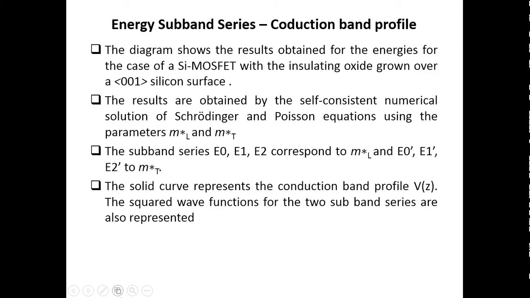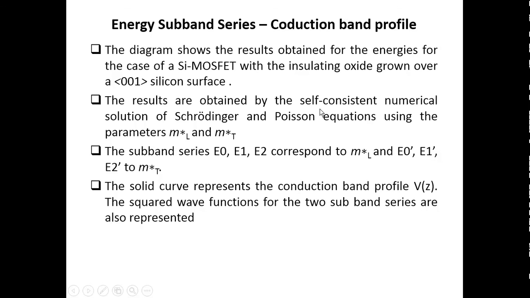The diagram shows the result obtained for the energies for the case of a silicon Mosfet with the insulating oxide grown over a 001 silicon surface. So this is the silicon Mosfet with the insulating gate oxide grown over the 001 direction.